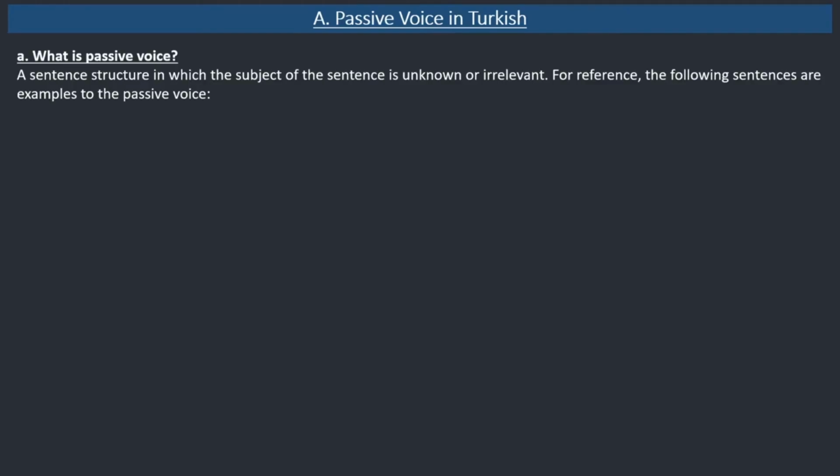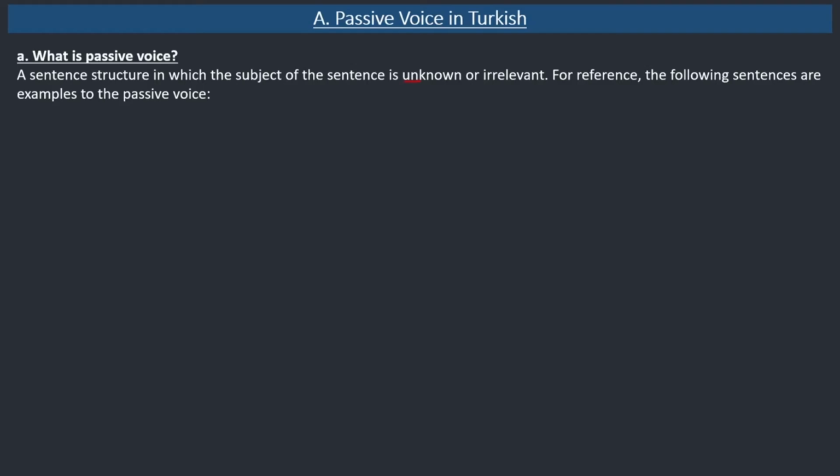As I was explaining, a passive voice is a sentence structure in which the subject of the sentence is unknown, that's important, or irrelevant. When you don't know who did the action, or when you don't want to emphasize who did the action, you can use a passive voice.